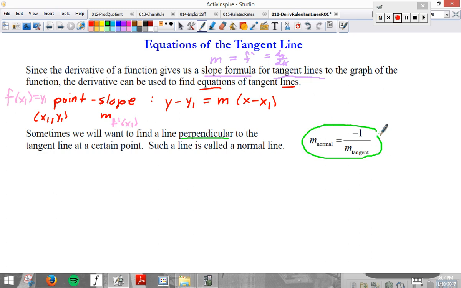This formula is just expressing that perpendicular means opposite sign and reciprocal slope.